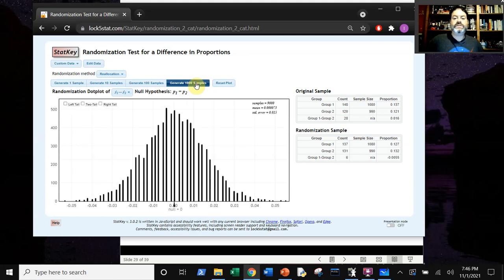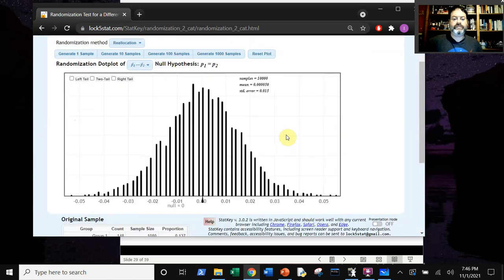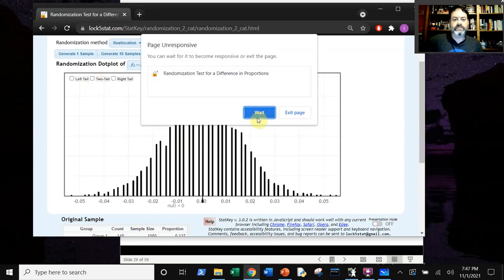Okay, so there's 10,000 samples. Let's zoom in a little bit so you can see better. Our alternative hypothesis was not equal, so we click two-tailed. You can see this is using a lot of resources on my computer because I generated so many samples. Hope I didn't lock it up.